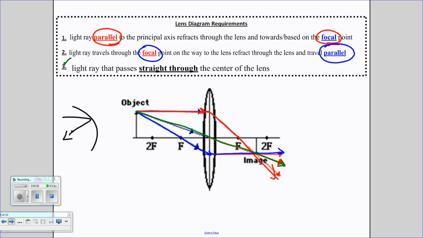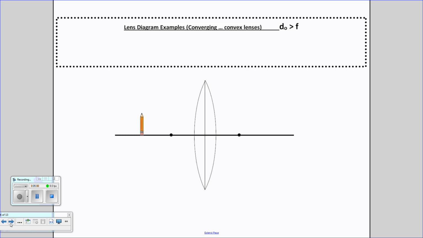All right, now let's get some practice in. This is going to be a diagram for if my object distance is greater than my focal point away. So I have my 2 focal points. And now let's draw. Line 1, in parallel, out through focus. So I go in parallel. Now this is a converging lens.